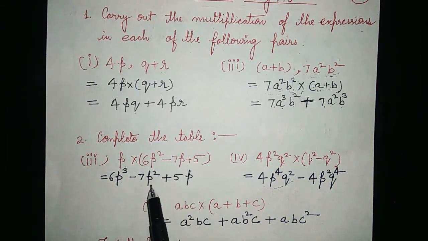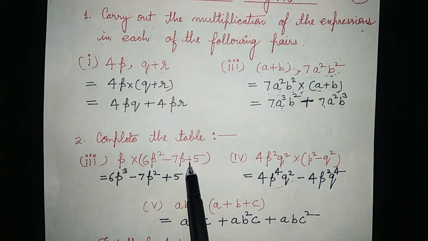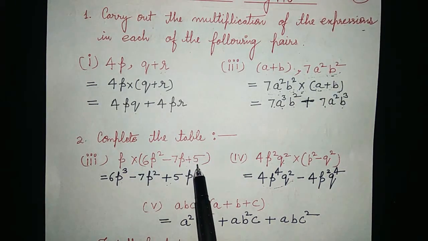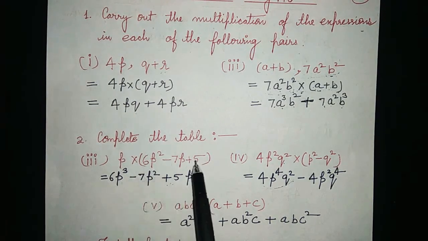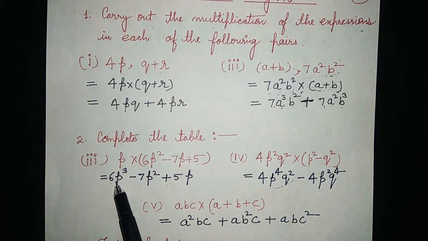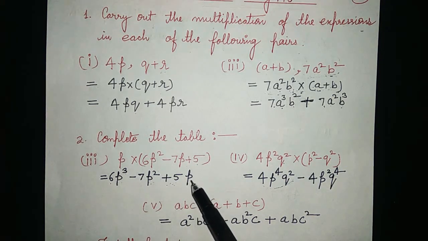P into p, p square will come. Now this plus and this plus we will multiply. What we will get? Plus. Now this p and 5 we will multiply. What will come? P into 5, 5p. So the result is 6p cube minus 7p square plus 5p. Now you can fill this answer in the table.